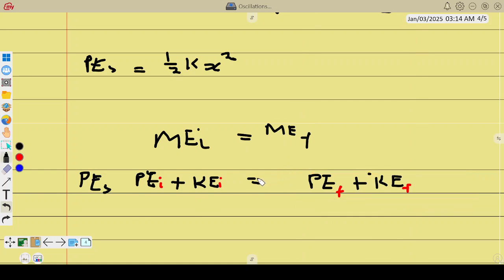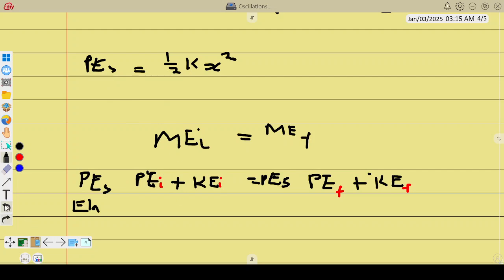So this will be equal to the final elastic potential energy. So what are we saying? The initials of elastic, gravitational. This is potential energy, but the gravitational. No wonder we're putting S. This is for springs. It is elastic.